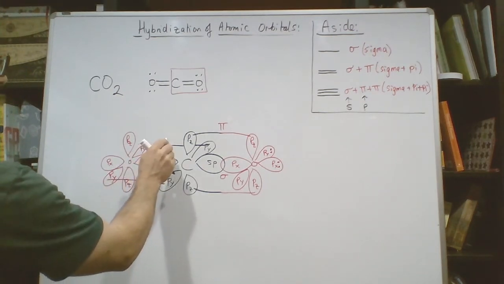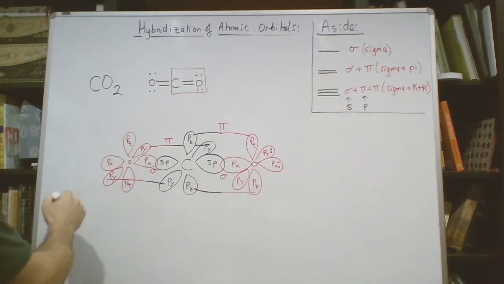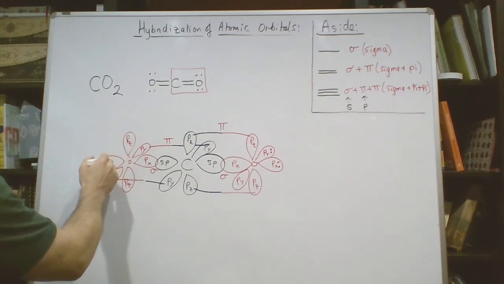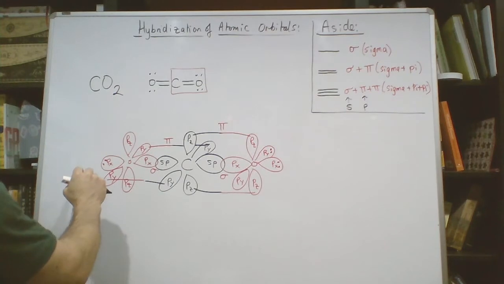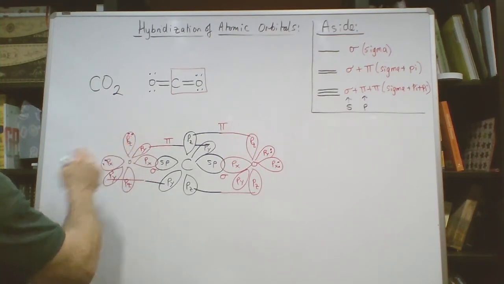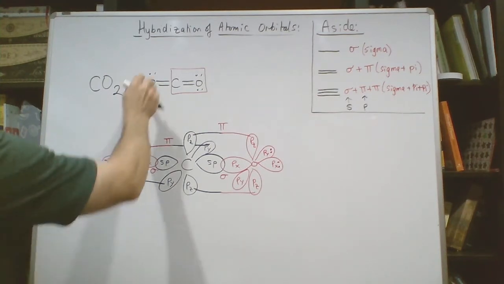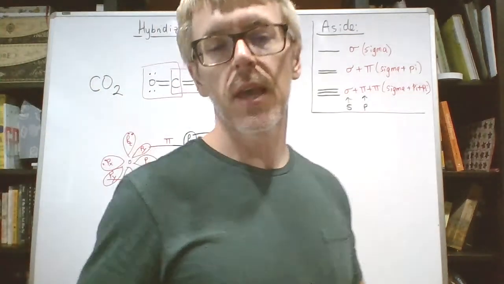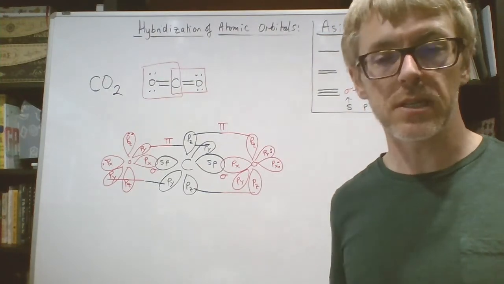There's my second pi, and here's my second sigma. Here's my lone pair. So my lone pairs are on the PZ and the PX. So now I've done the second one. So I think this is the same as the earlier recording. I don't think I did make a mistake on the first one, but this was just in case.